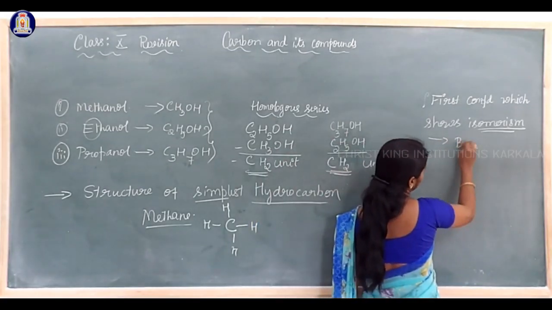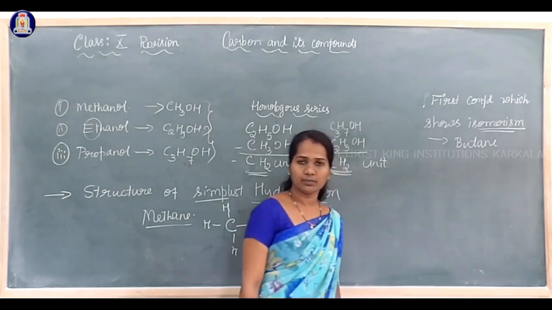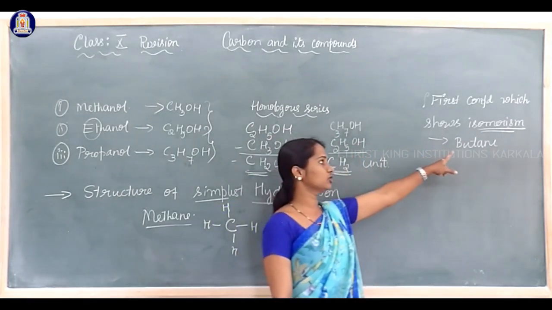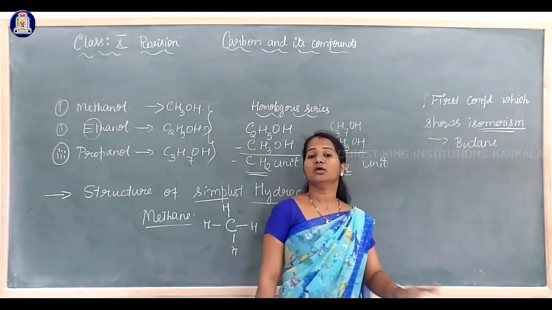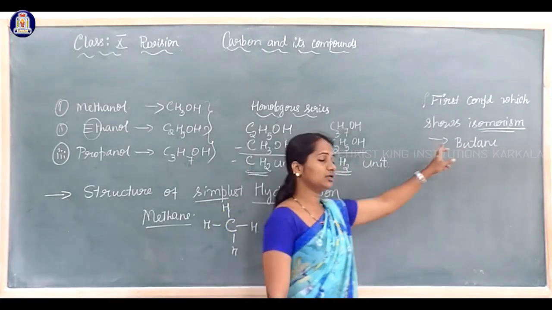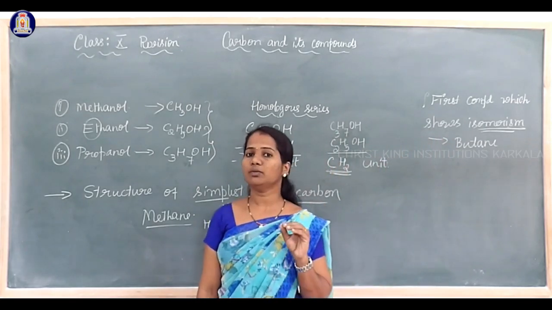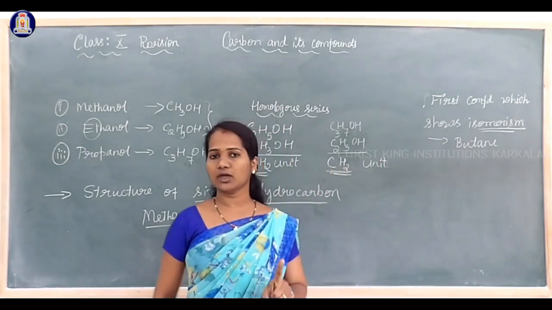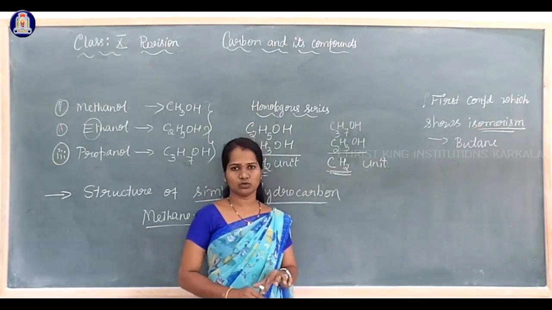Butane is the first member of the hydrocarbon group which has isomers, not methane or ethane or propane.